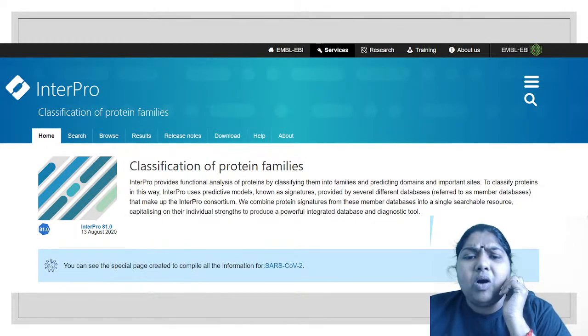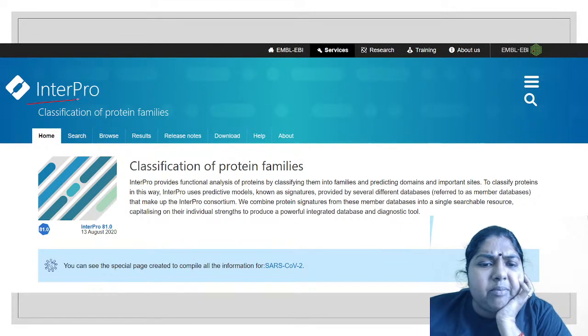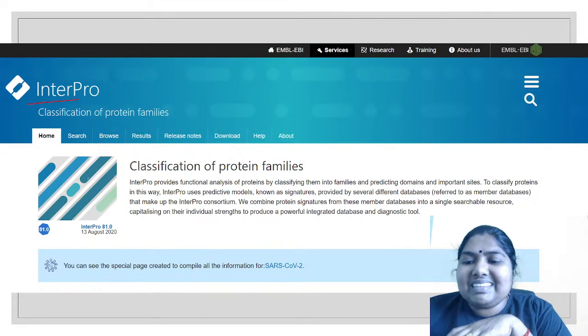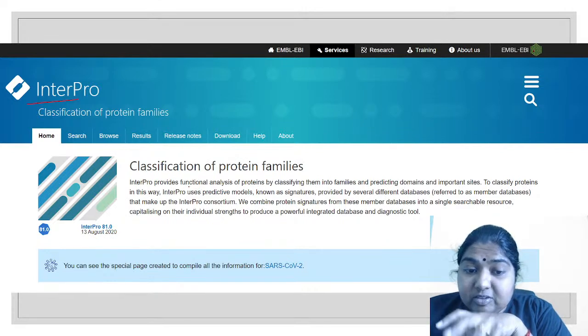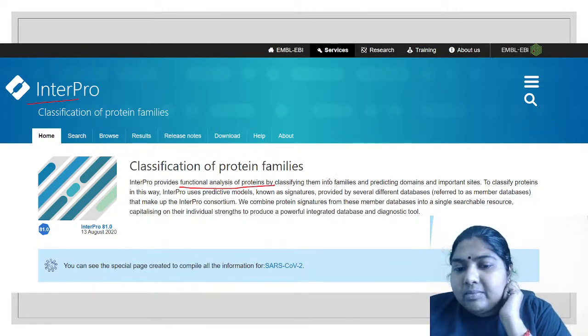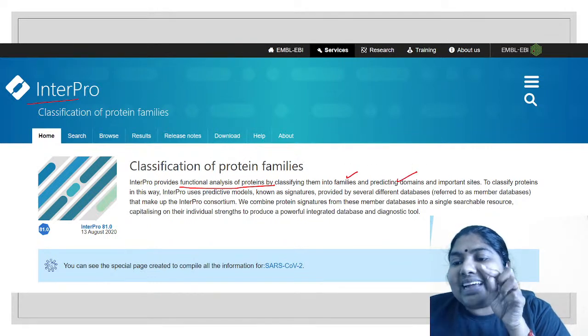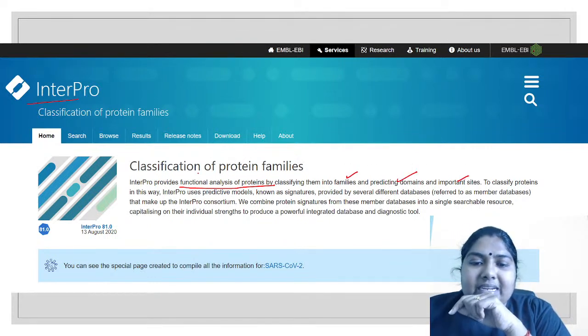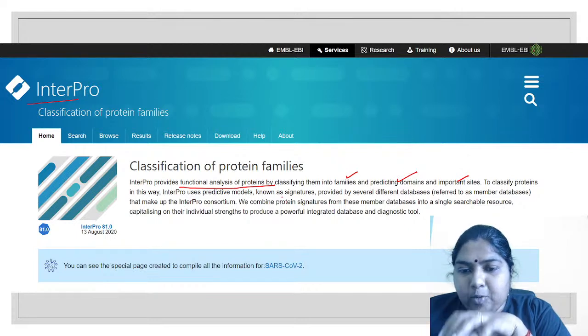What is this Interpro? They gave something called Interpro. This Interpro is nothing but it is providing functional analysis of proteins. How do they provide? By dividing them into families and predicting their domains and their sites. That is what Interpro is.